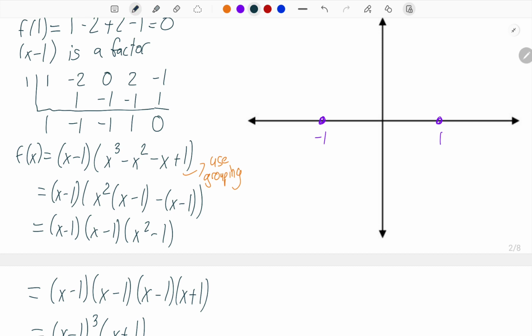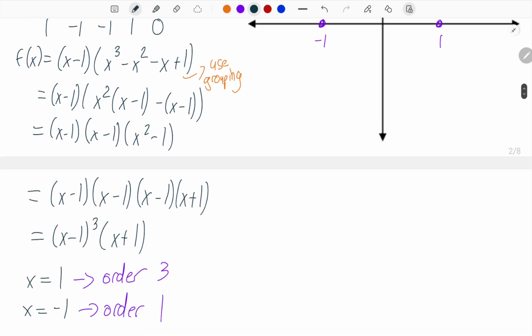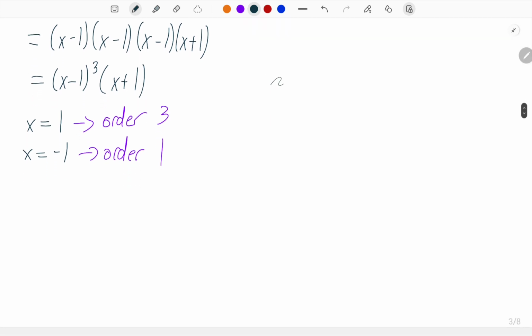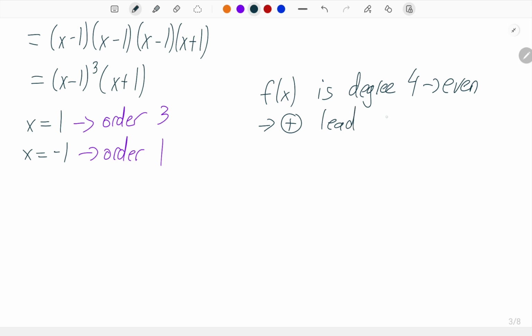Okay, so the other information we want to make use of is, well, f of x is quartic, or degree 4, which means it's even. 4 is an even number. And not only that, it has a positive lead coefficient.